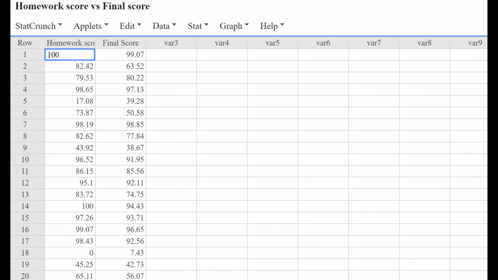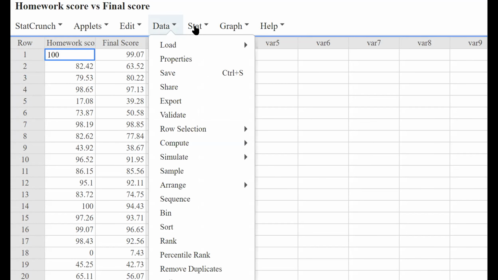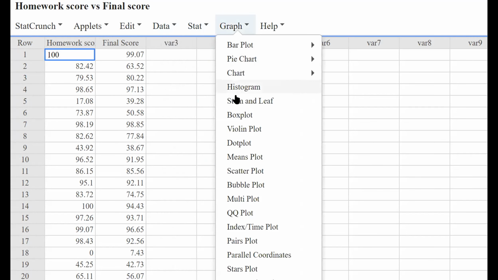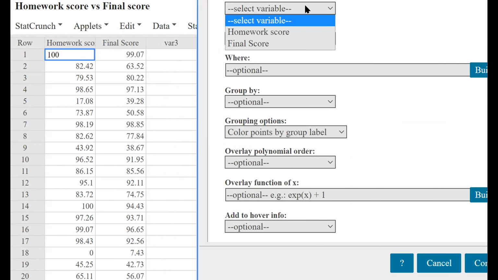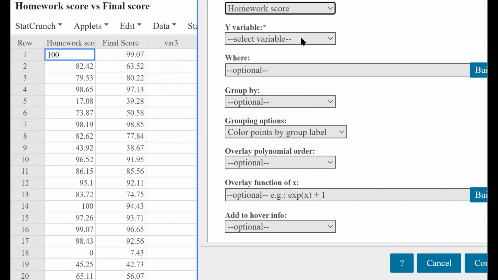And again, let's choose the independent variable and dependent variable. I will choose my homework score as independent, and final score is the dependent variable. Let's see what we get.